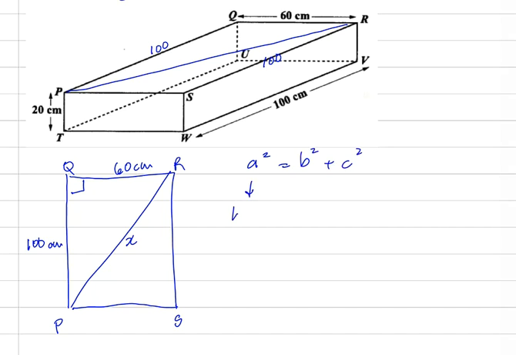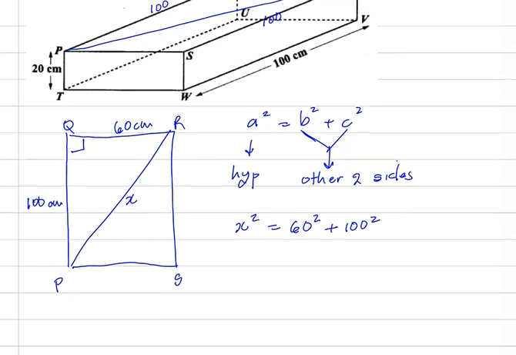A in the formula is the hypotenuse, and b and c are the other two sides. So here the hypotenuse is what I want to find, PR, and it is x. So I have x squared is equal to 60 squared plus 100 squared.